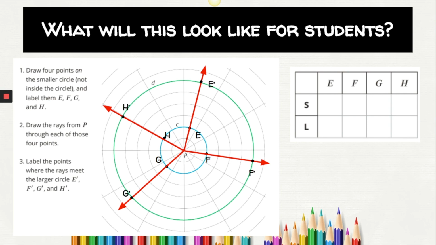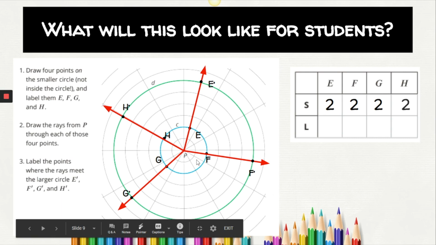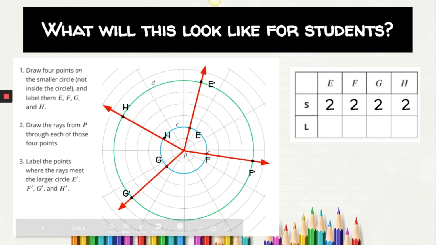All right, so once we get this done, there's a table at the bottom of the page, and it wants you to talk about the distance between P and each of the points on the smaller circle, which is represented with an S. If you take a look at the figure, if you count the rings, each of these rings counts as 1 unit. So each of those points is 2 units from the center.